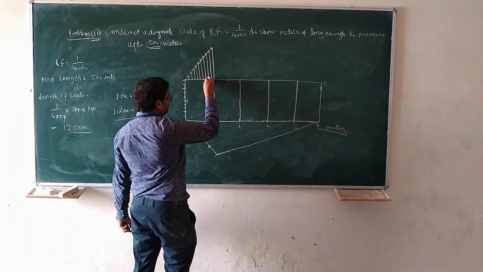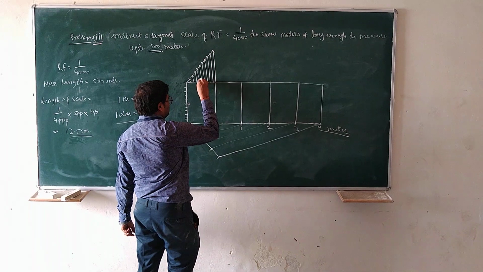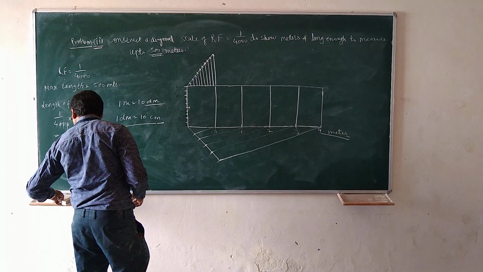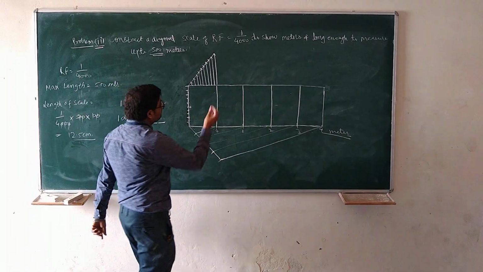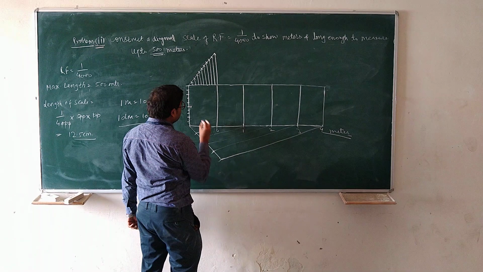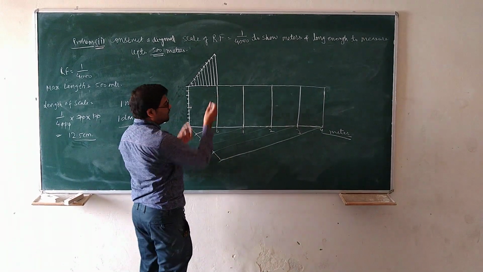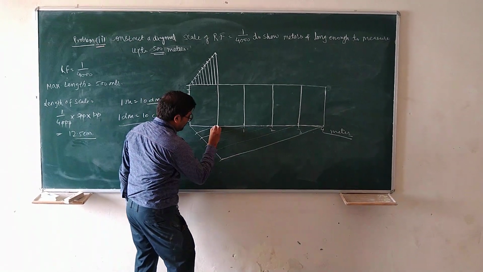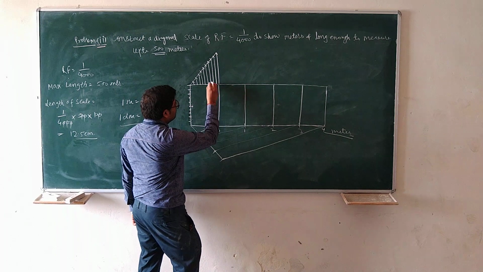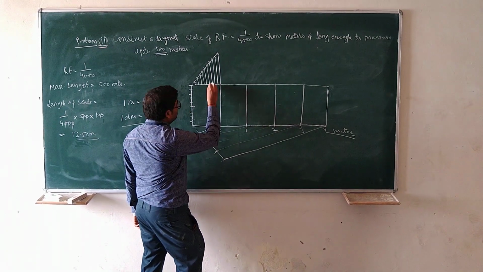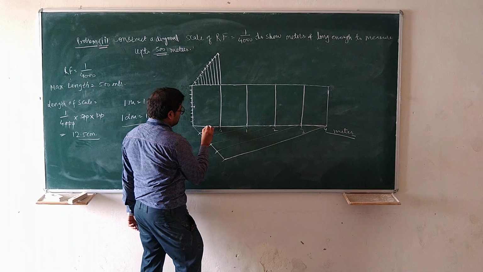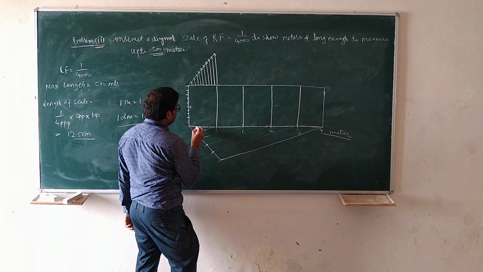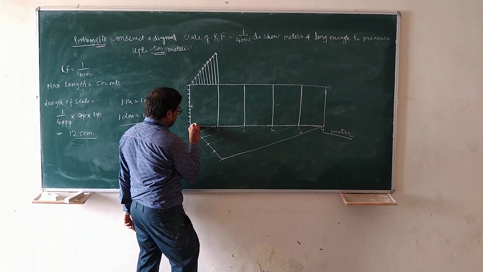Now the same points will be marked here. We can use the scale for this purpose. This point 1, 2, 3, 4, 5, 6, 7, 8, 9 and 10.